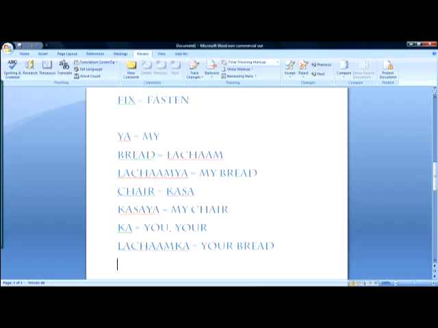The word kasa ka would be your chair, and you do that for every word. So anytime you see the ka at the end of a word, which is a suffix, that makes it you or your.